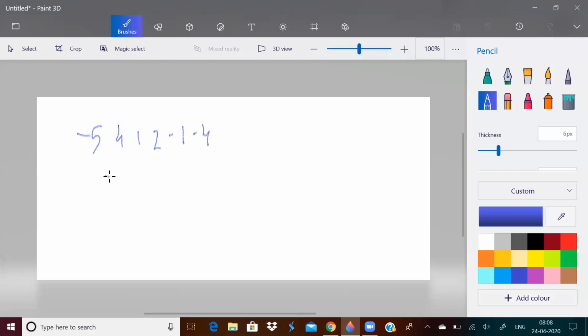So if we arrange in sorted order: minus 5, minus 4, minus 1, 1, 2, 4. Now you see, smallest, largest, second smallest, second largest, third smallest, third largest. We are essentially making pairs in this way.